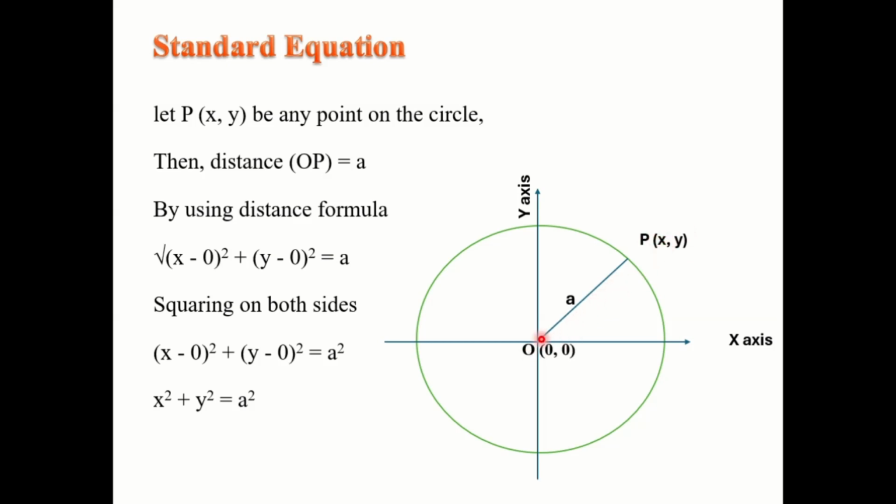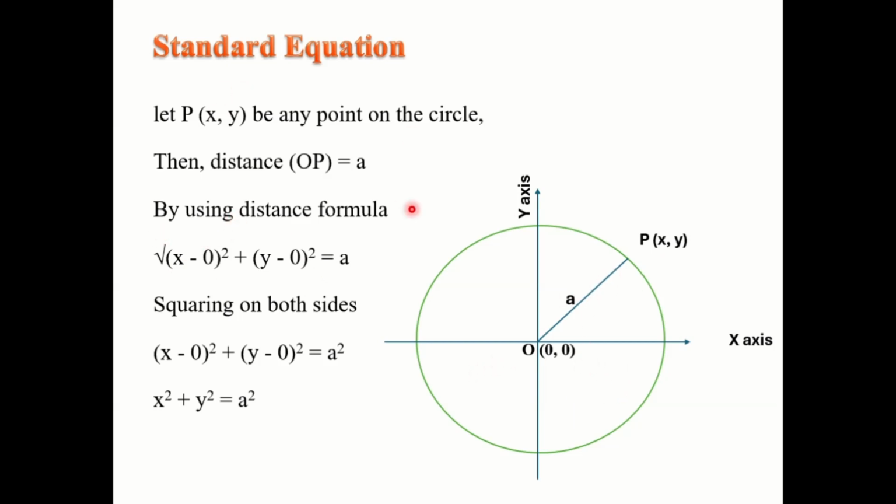By using the distance formula, what is the distance formula? Distance is the square root of x2 minus x1 bracket square plus y2 minus y1 bracket square. Here the distance is A.